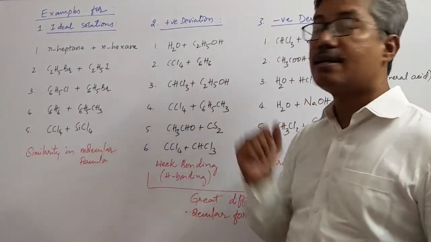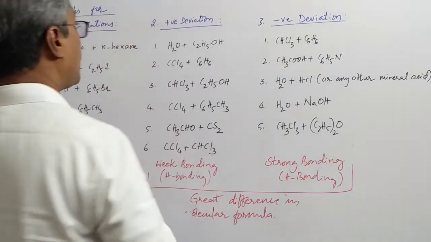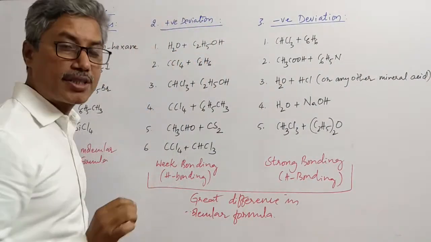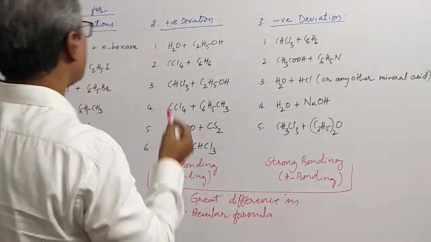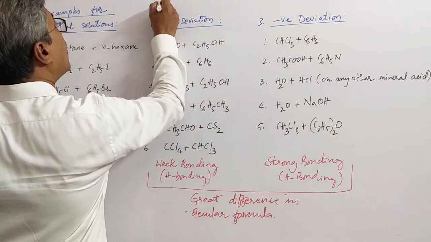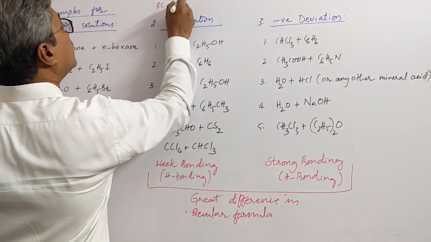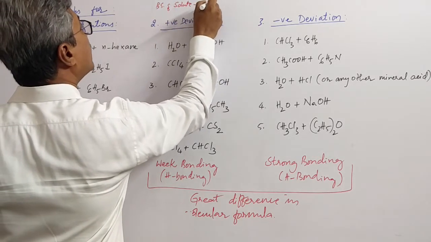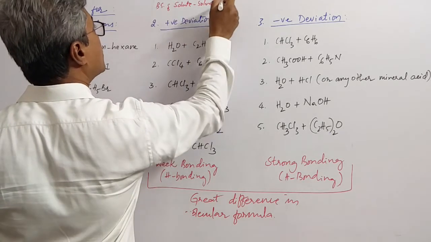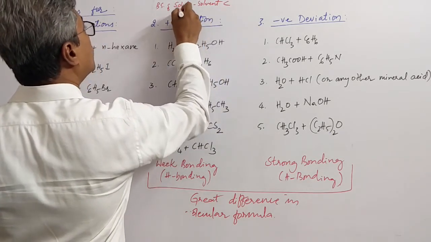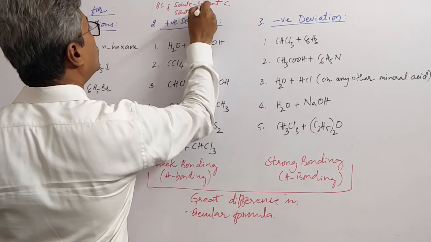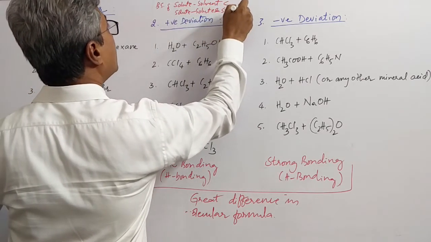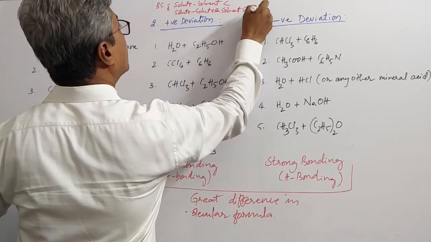Now look at this. Let's pass on to the examples for positive deviation. See students here, positive deviation stands for the bond strength of solute-solvent being weaker than solute-solute and solvent-solvent.